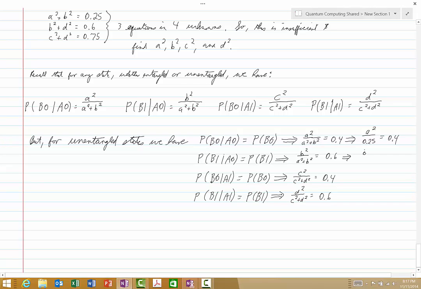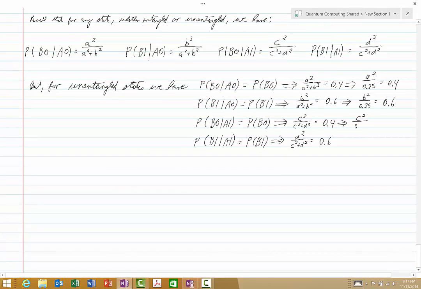B squared over 0.25 is 0.6. C squared over, now notice up here we have C squared plus D squared is 0.75. So C squared over 0.75 is 0.4. And D squared over 0.75 is equal to 0.6.